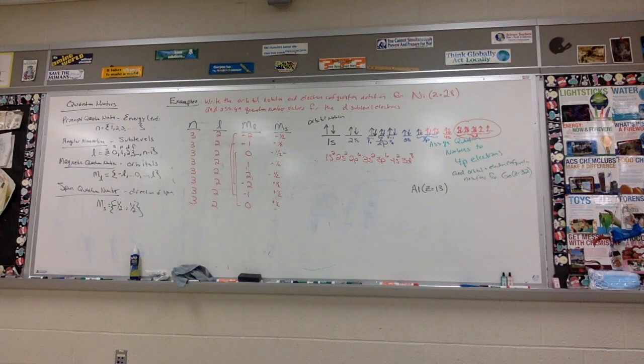So that's going to be your 20. And then after 3d, the p sublevel is 3 lines.